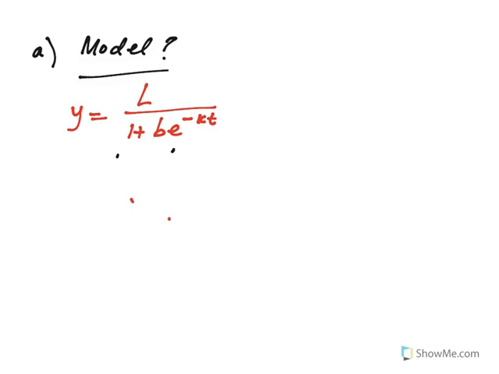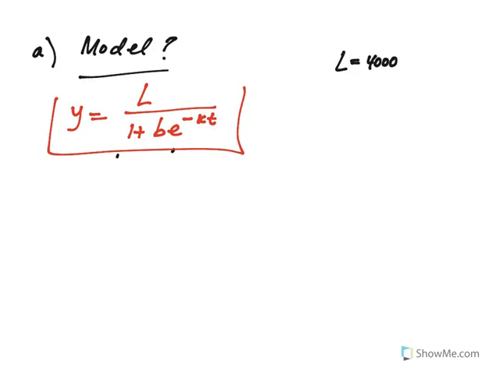L, we know what L is. It's our carrying capacity, and we know what that equals to. It's 4,000. So I'm just going to put the information I have, the parameters we have. So L equals 4,000. Now, if you remember, I mentioned before that b and k are constants, right? Some kind of numbers. We don't know what they are, and this is our job to find those values.